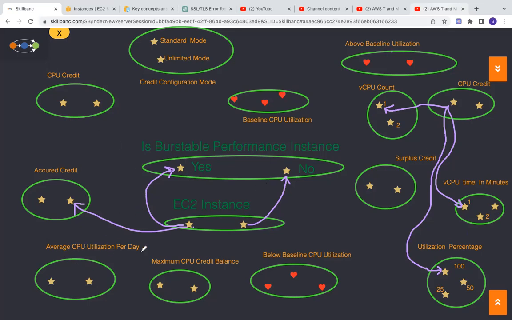And there is a maximum you can accrue. How much you can accrue also depends upon the instance type. So sometimes you may accrue a maximum of 288 or 144. And the settlement would be average CPU utilization per day.